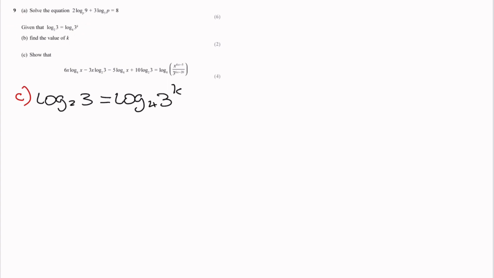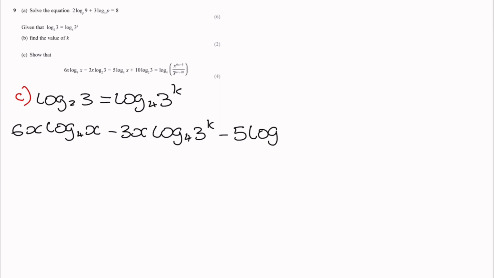So I'm just going to rewrite what part C says, but I'm going to replace all the log to the base 2 with log to the base 4. So I've got 6x log to the base 4 of x minus 3x, and I'm going to replace this log to the base 2 of 3 with log to the base 4 of 3k minus 5 log to the base 4 of x plus 10 log to the base 4 of 3 to the power of k.